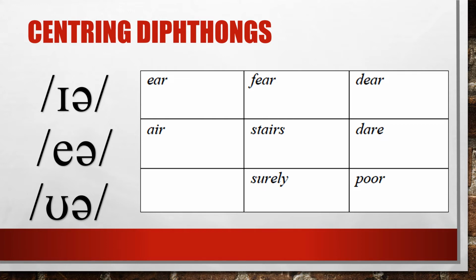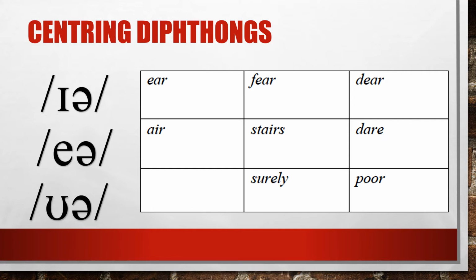This diphthong is never found in initial position. We can find it in medial position in words like surely, tourist, in final position in words like poor and sure. Now, people are replacing this diphthong by the vowel, the thought vowel.